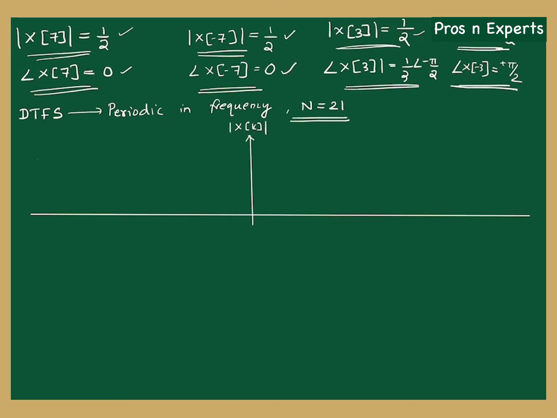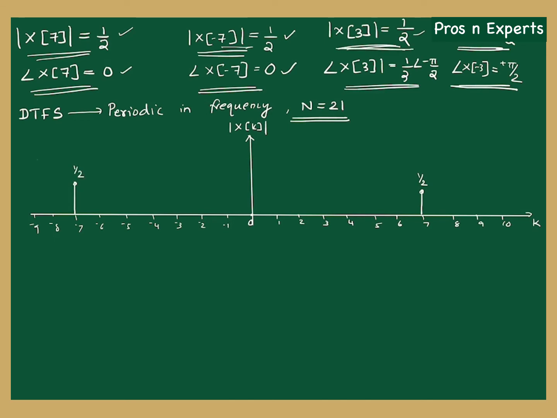So this is k equal to 0, 1, 2, 3, 4, 5, 6, 7, 8, 9, 10, etc. Similarly, minus 1, minus 2, minus 3, minus 4, minus 5, minus 6, minus 7, minus 8, minus 9, etc. So we have X of 7 with magnitude 1 by 2. X of minus 7 also has 1 by 2.